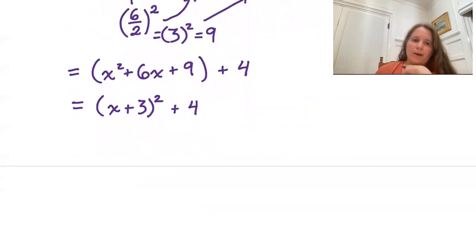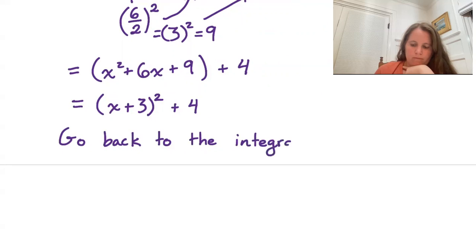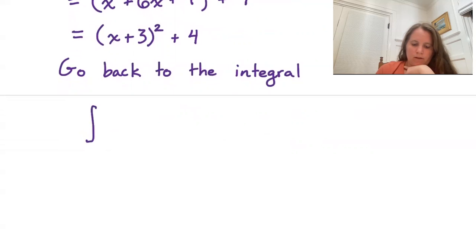So now we can go back to the integral, where we had the integral of 2 over x squared plus 6x plus 13 dx.